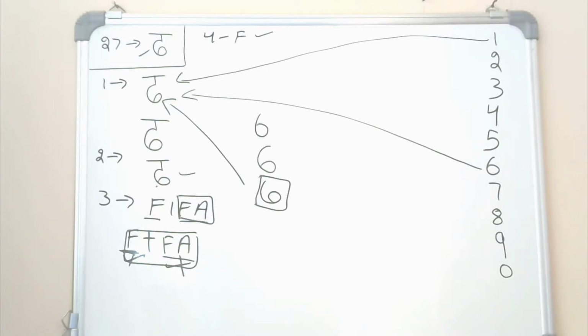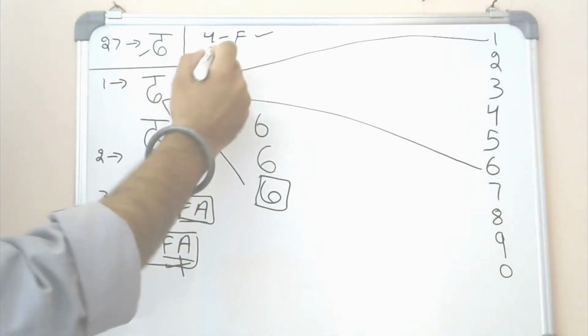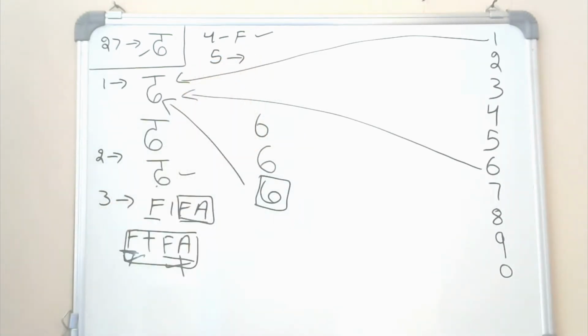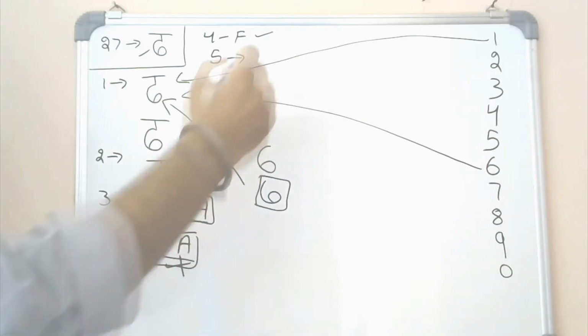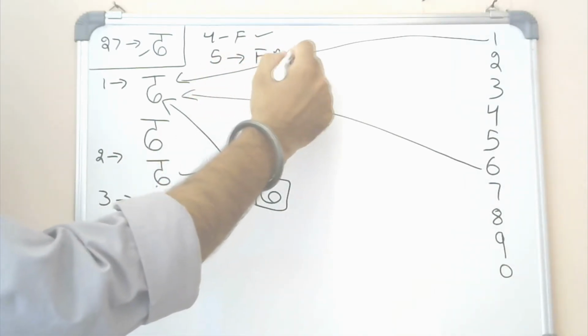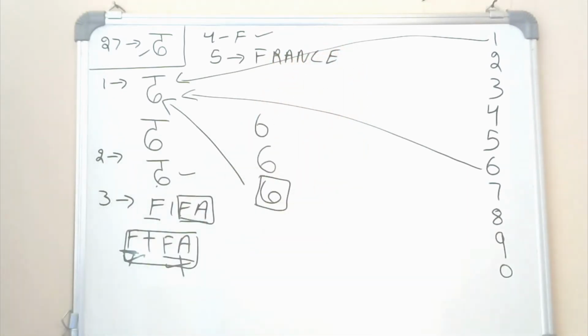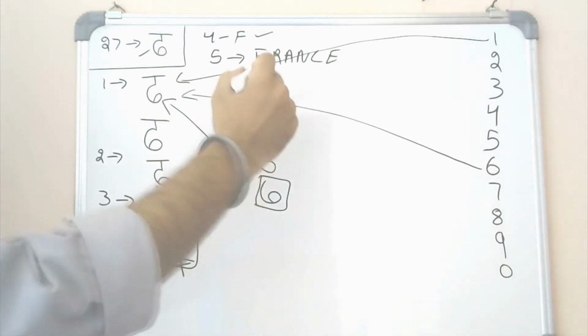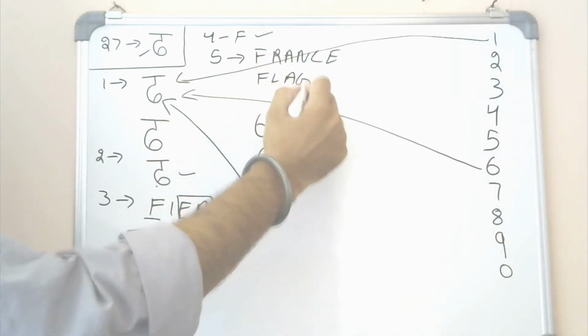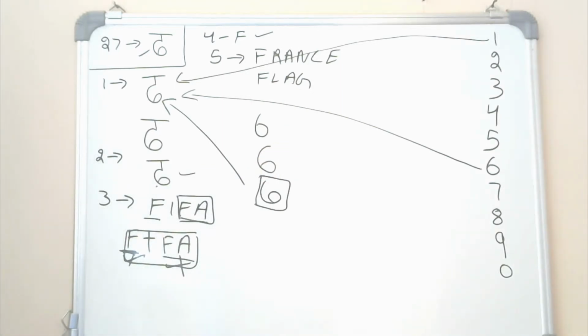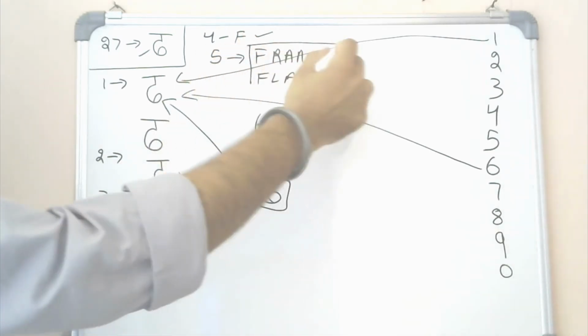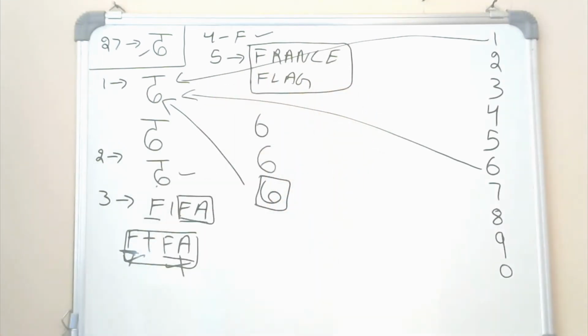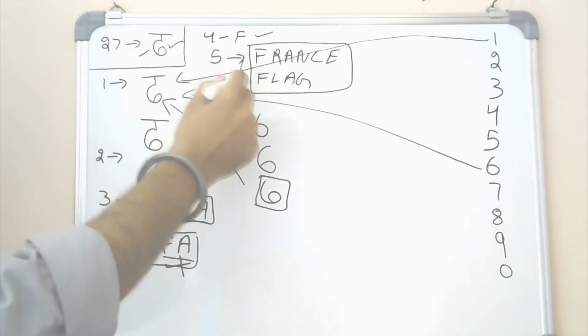The fifth step is examples. We can have examples from fur. We have France, right? Apart from France, we can have flag. Whenever we are going to use these 2 words in Punjabi, we will be using this letter to write these words.